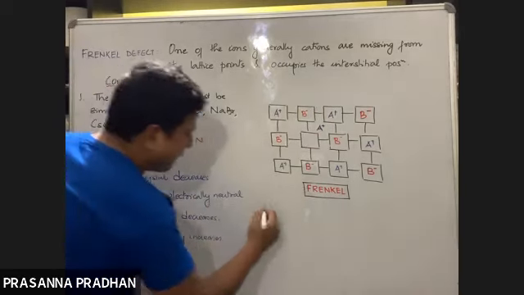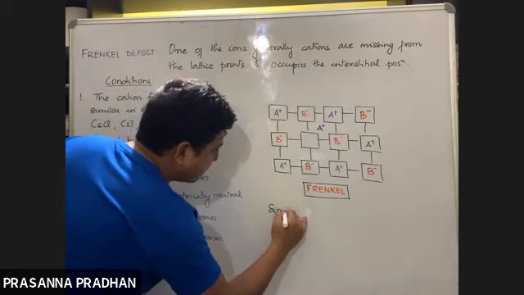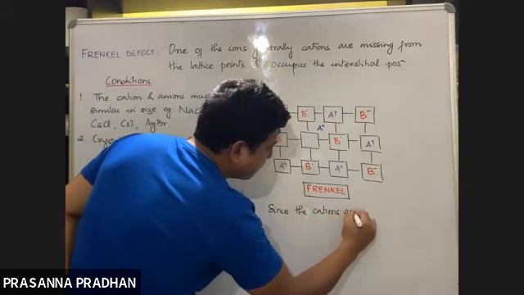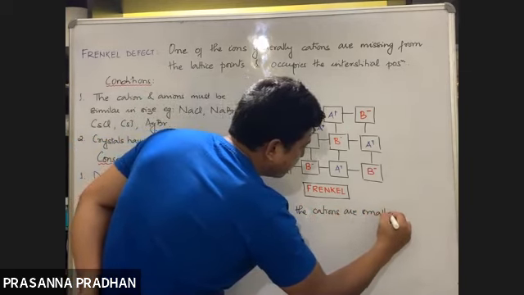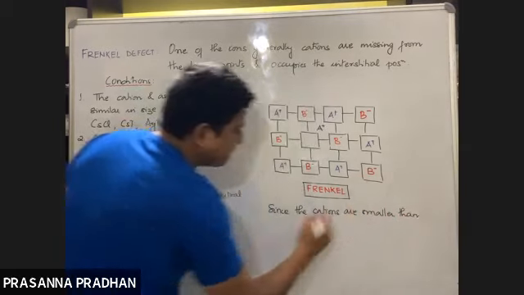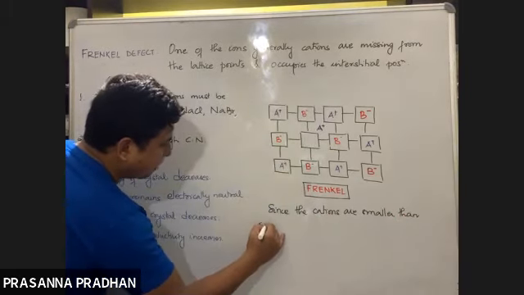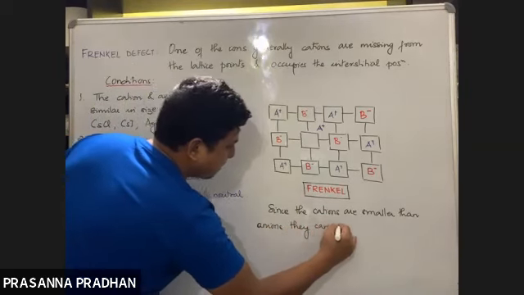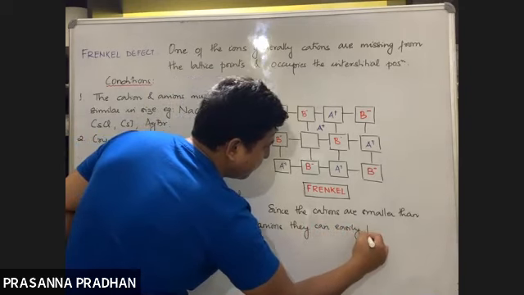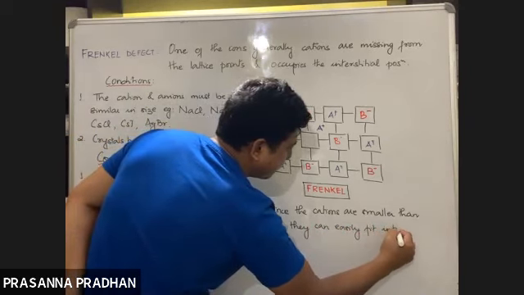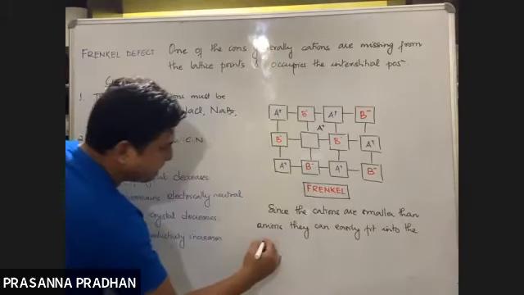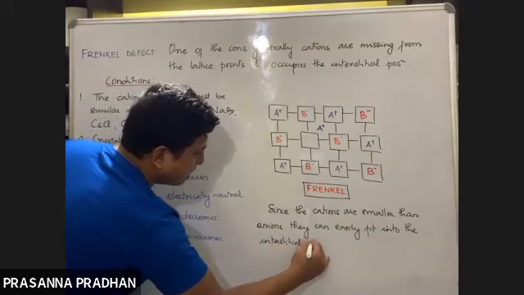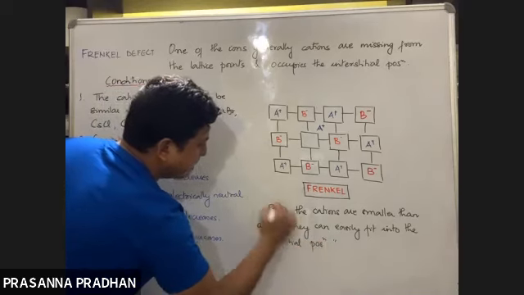The thing is that since the cations are smaller than anions, obviously you must be knowing this, they can easily fit into the interstitial position.